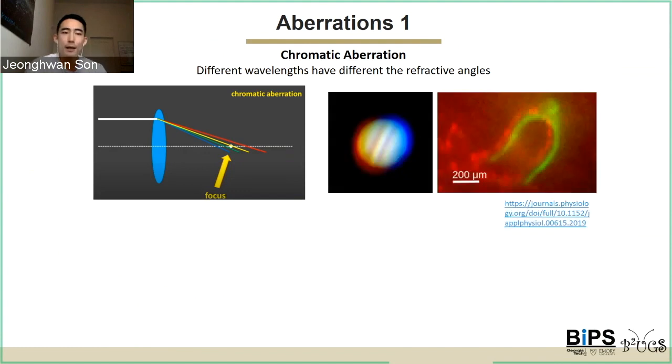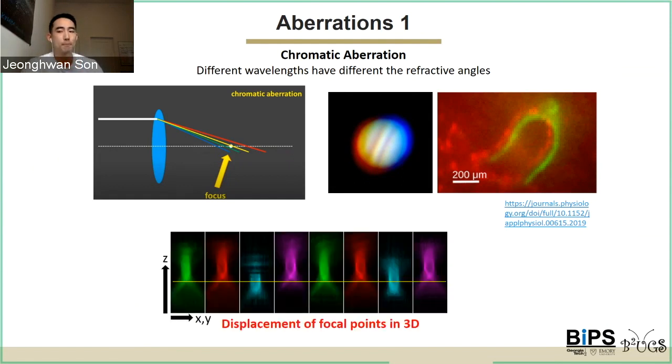For example, different color images of same sample are located in slightly shifted position in your image. The chromatic aberration happens in 3D dimension, so displacing focal points of different colors.